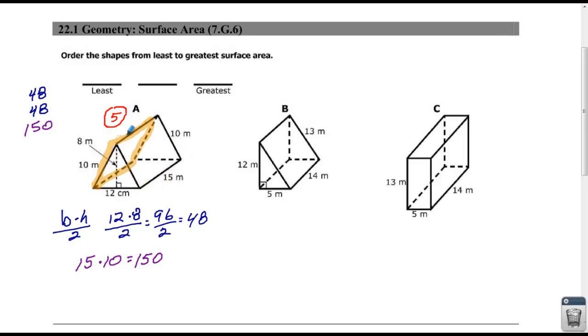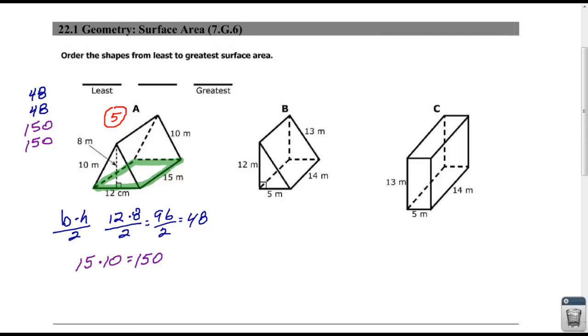This 15 is the same as this 15 on top. You've got the 10 running up the side here. So I don't need to do any computation for that one. I know that it is also 150. And let's figure out the 5th face. The 5th face on this is the bottom.